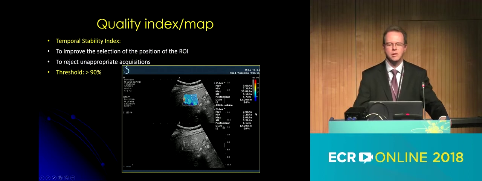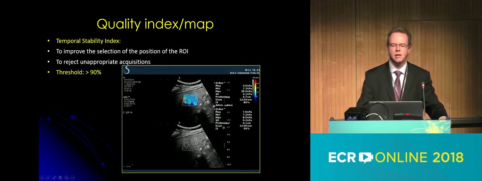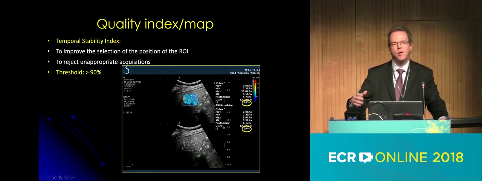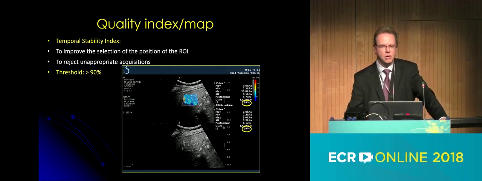In these two ROIs, you can see that one is with a stability of 84% and one with a stability of 99%. So this one is probably more trustable than this one. So an arbitrary threshold above 90% is considered enough to allow a correct measurement of the liver stiffness.